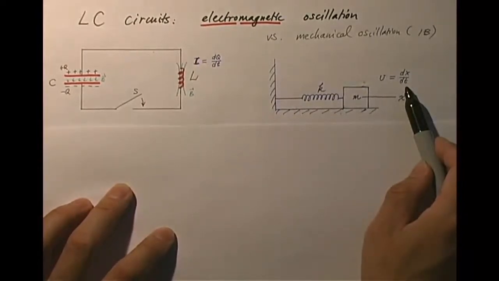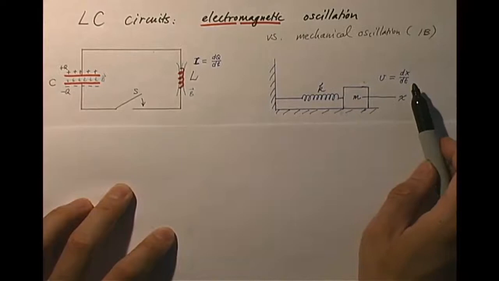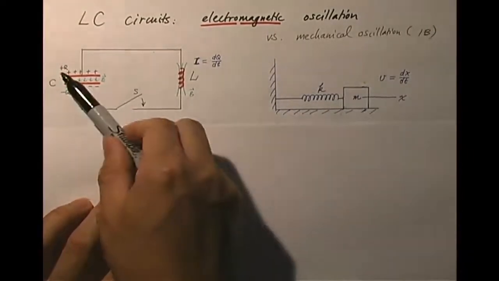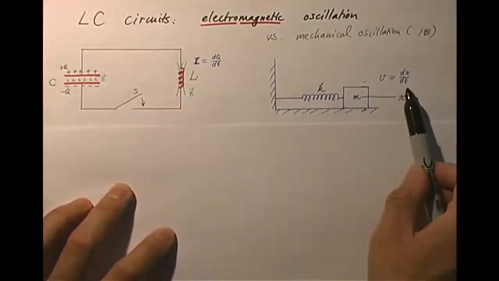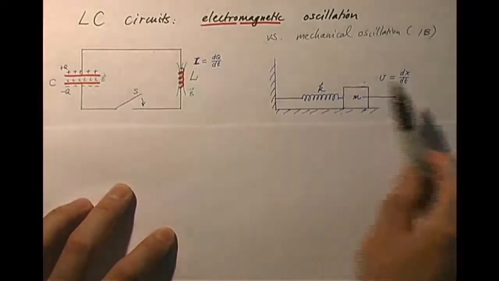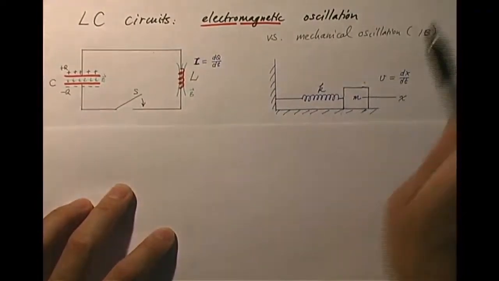So we suspect that there is a correspondence between the charge on the plate and the displacement. If that's the case, then dq/dt, which is the current, would correspond to dx/dt, which is the velocity.